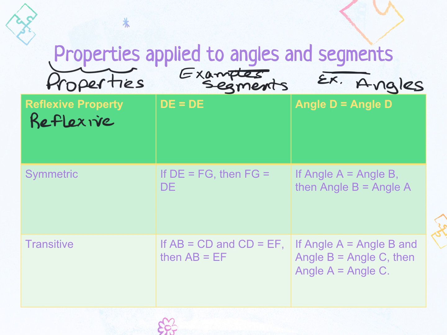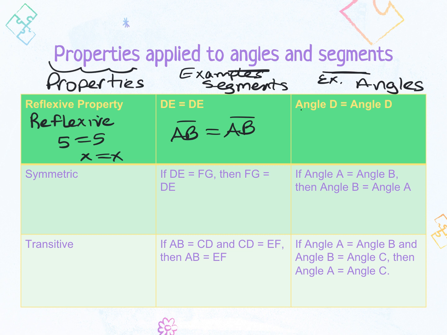So remember, your reflexive property, when it was algebra, it was just, for example, 5 equals 5 or x equals x. That was algebra. Now, when it's segments, the example here was segment DE equals segment DE, or it could be segment AB, and you could put the bar on top, but generally when you're talking about the segments being equal, you don't need to include the bar.